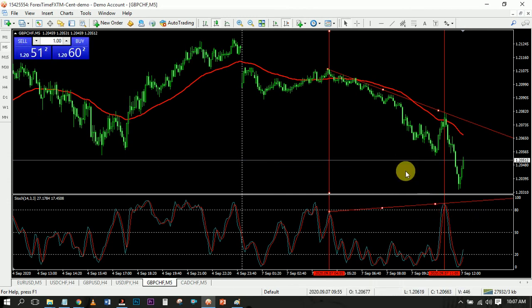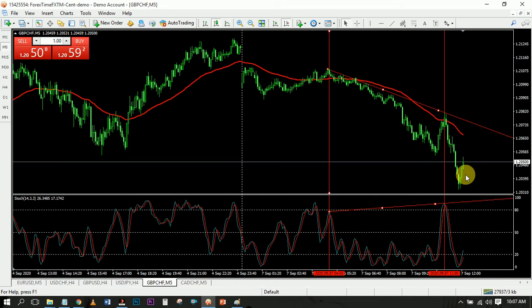Then right here you place your entry, then you exit right when the market is about turning here, or when the market drops below 20, and you make your profit right here. So this is how you can make your trade profitable and have zero drawdown in the market.